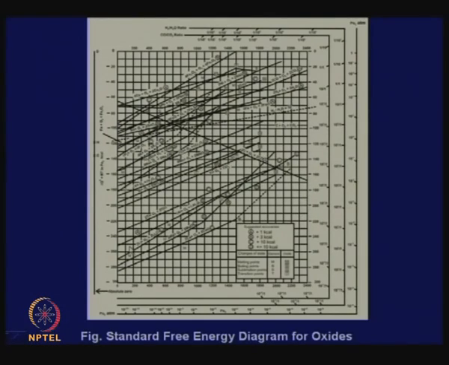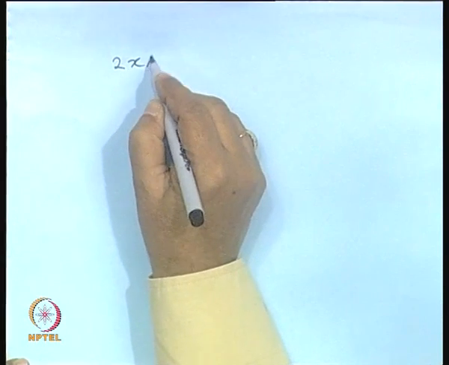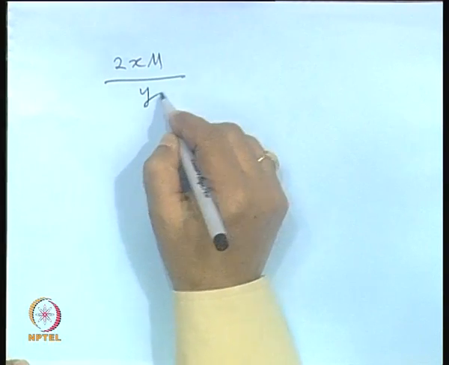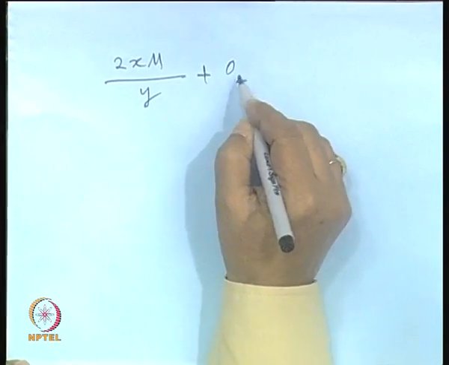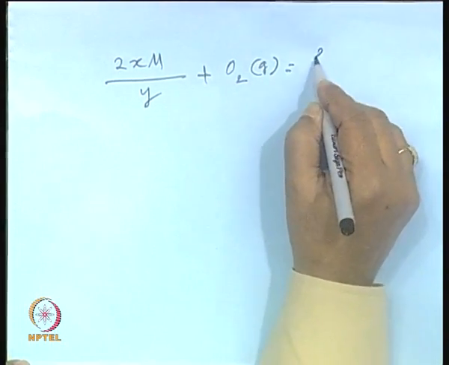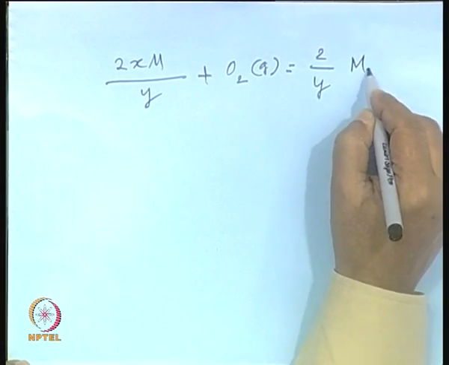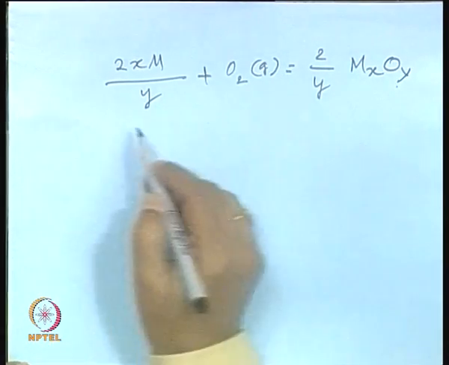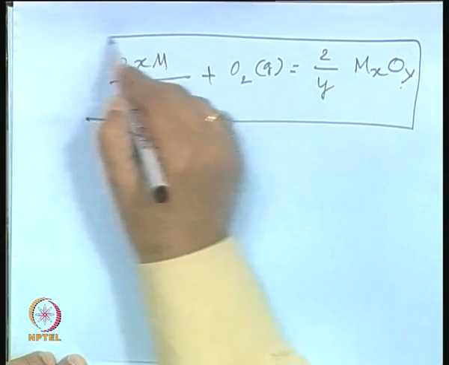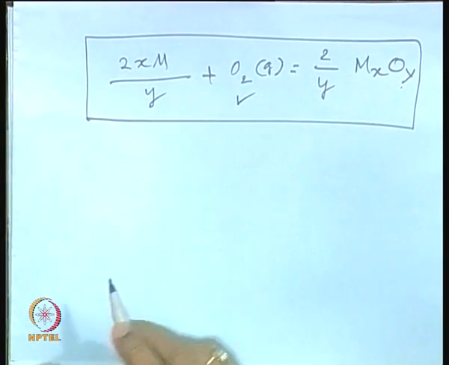So, the reaction in general for these lines can be written as 2x M by y plus O2 gives 2 by y MxOy. All these lines are written in terms of one oxygen molecule.